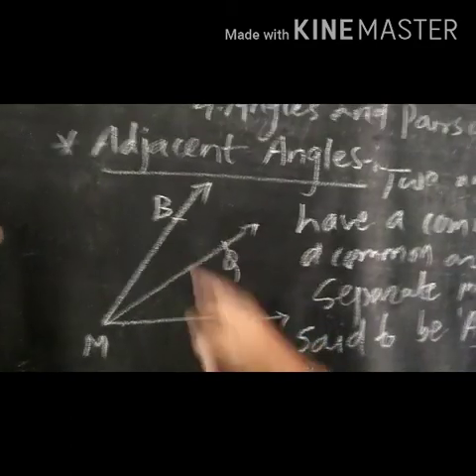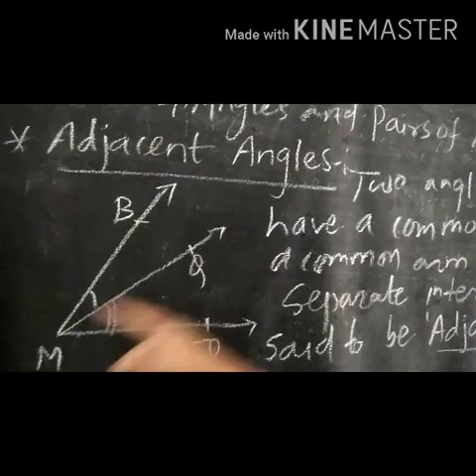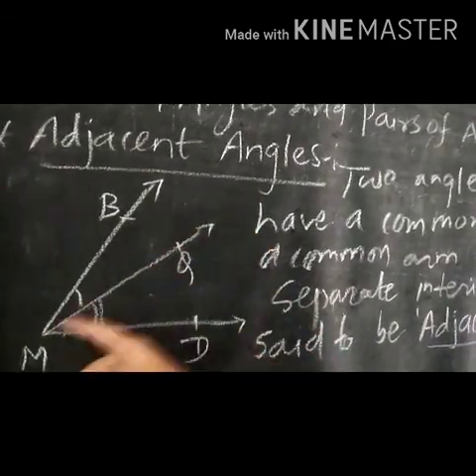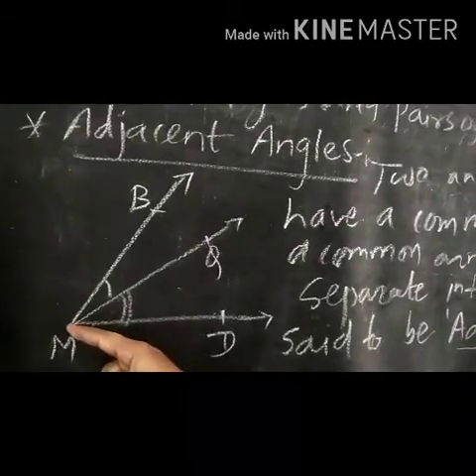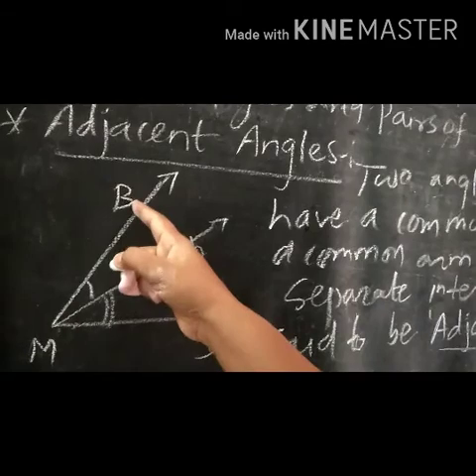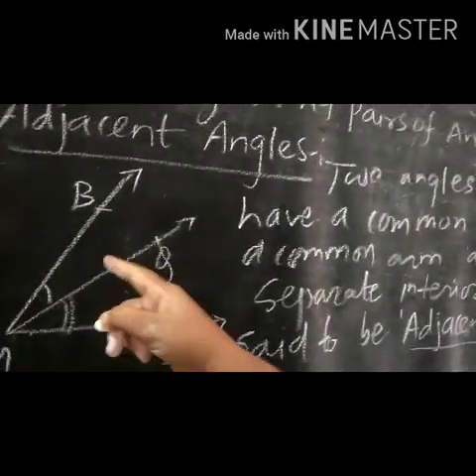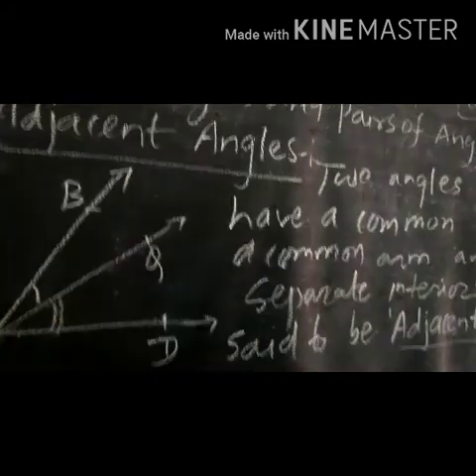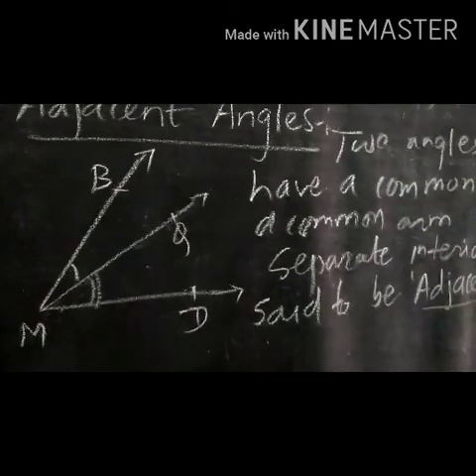So both the angles are having one common arm, a single common arm, that is MQ, and having a common vertex, only one common vertex, that is M, which is a common vertex of these two angles BMQ and QMD. And therefore we can say that angle BMQ and angle QMD are adjacent angles or neighboring angles.